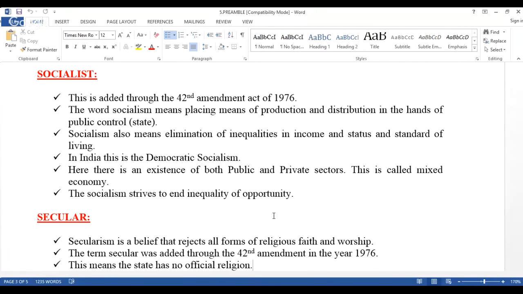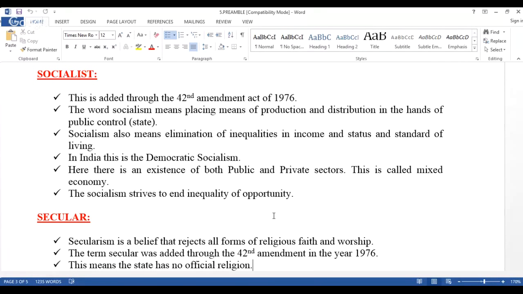Inequalities will be eliminated only when every power is present in the hands of the government, right? Because it will be treating all the people alike. Depending on their work and contributions to the nation, the government is paying them. Is that okay? If it is being done, then elimination of the inequalities will take place. So, socialism also means elimination of inequalities in income, status and standard of living.